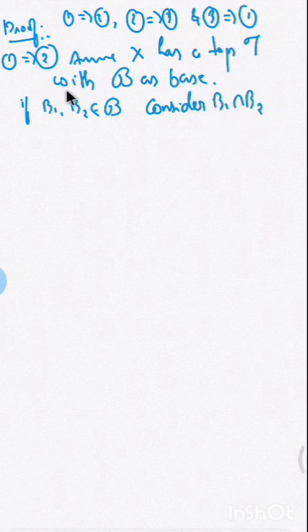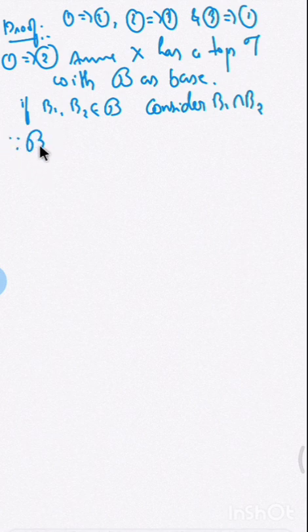Okay. So before that, what is script B? It is a base for our topology tau. What is the definition of a base? A base is a subcollection of tau such that every member of tau can be expressed as a union of members of B. Correct?